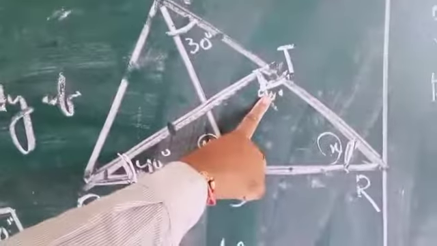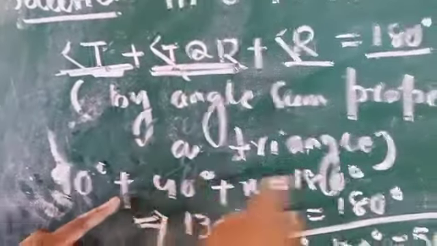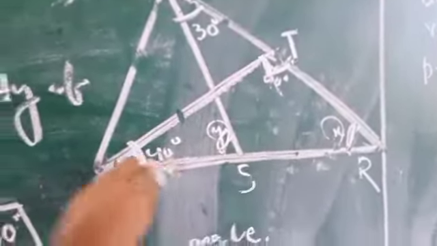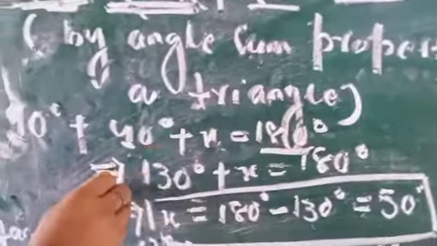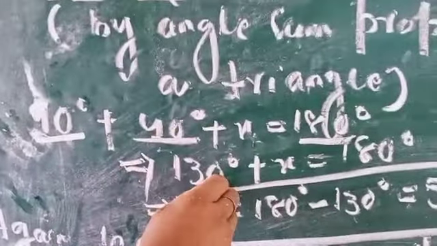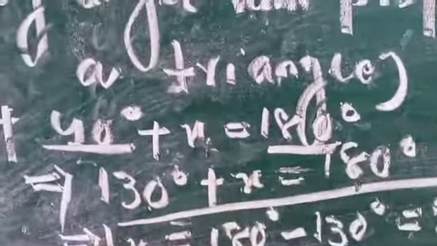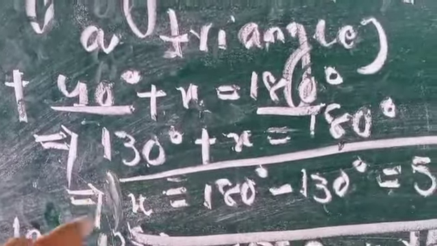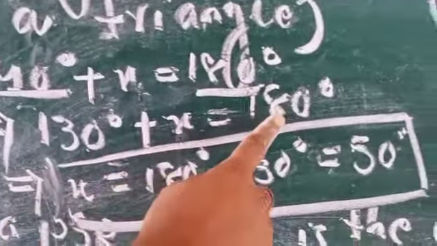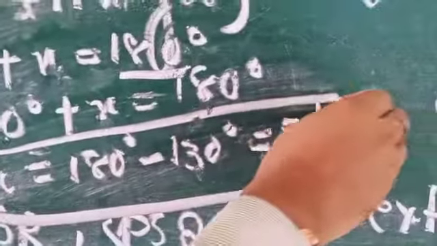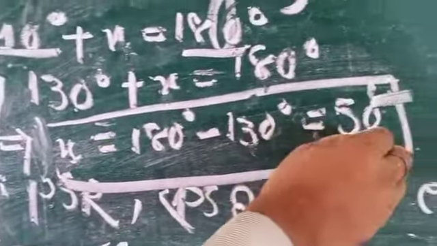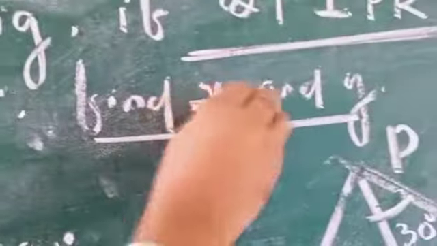In place of T, you write 90. So 90 plus TQR, which is 40 degrees, plus 40, plus R, which is X, is equal to 180 degrees. So that implies 90 plus 40, 130, plus X is equal to 180. So X is equal to how much? Now 180 minus 130, the 130 goes to the other side, is equal to 50 degrees. So we have got X equal to 50 degrees. The question asks to find X, so X we have got is 50 degrees.